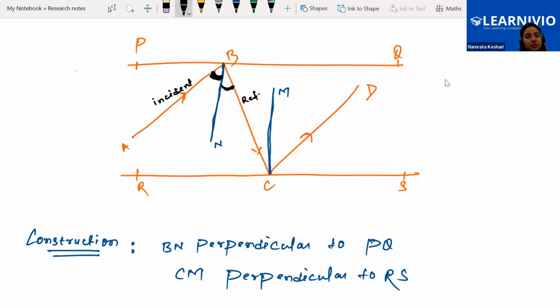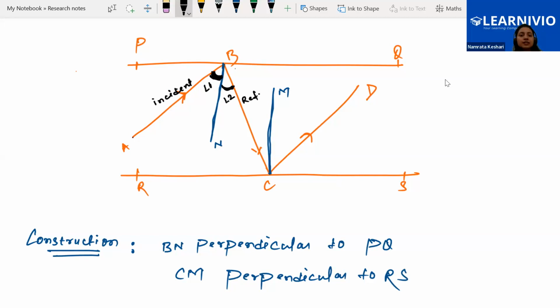So the angle of incidence with the perpendicular is equal to the angle of reflection. I'm going to call this angle 1, and this angle 2, and now I will say that angle 1 is equal to angle 2, because angle of incidence is equal to angle of reflection. We know it from physics.